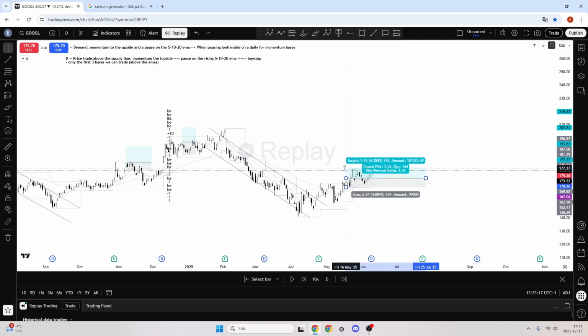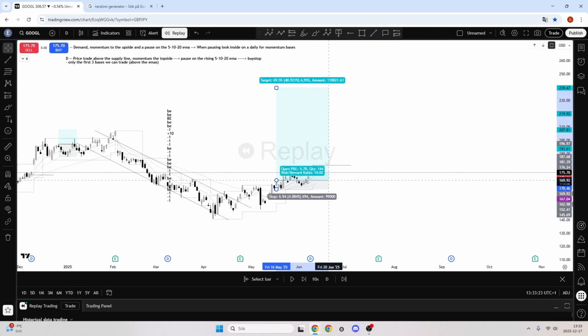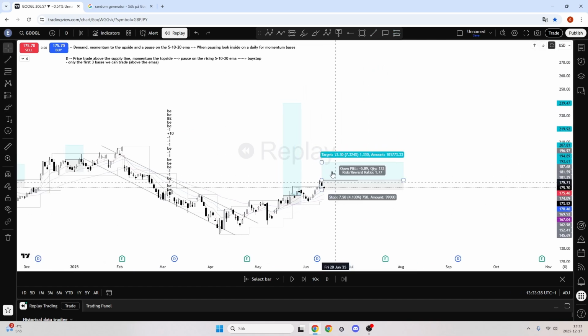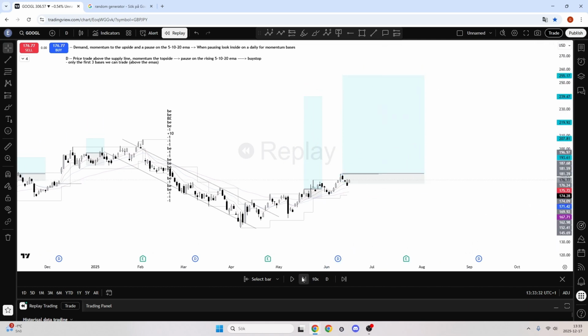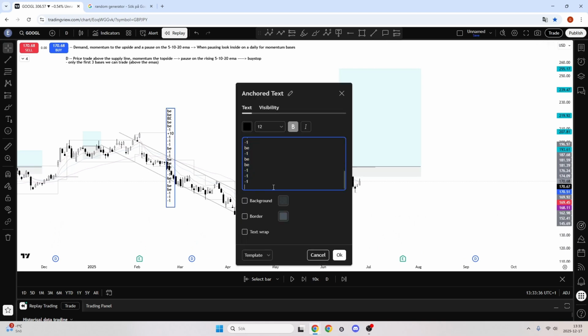Reaches 1 to 1. Here you have your second entry as well, which is very clear to the upside, as you guys can see, very impulsive. But this first trade is a break even.